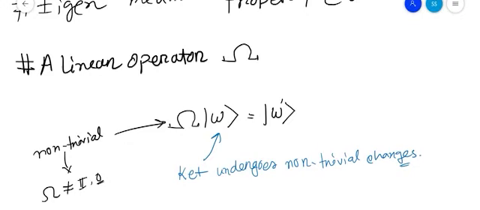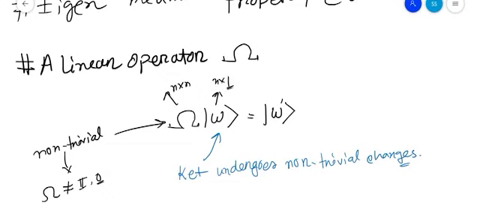This is what a linear operation does, and the very familiar example is matrix multiplication, where omega can be an n cross n matrix and the ket a n cross 1 column matrix.